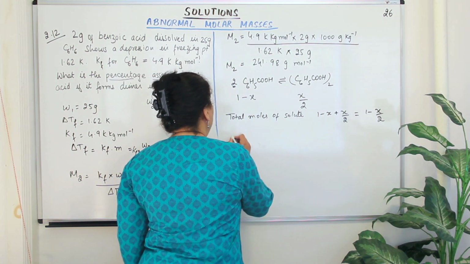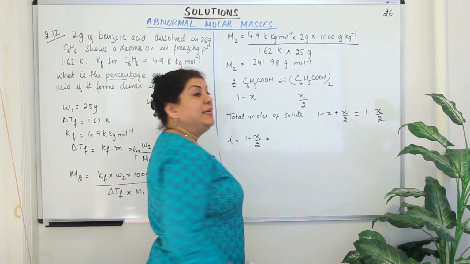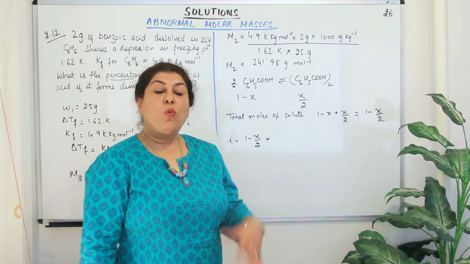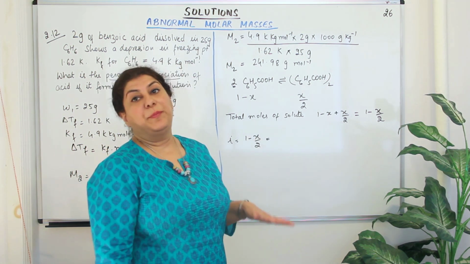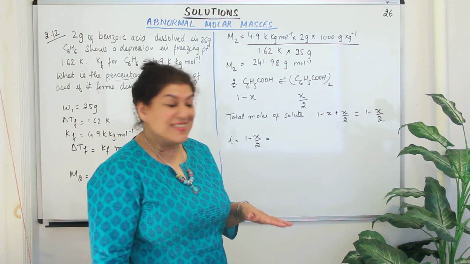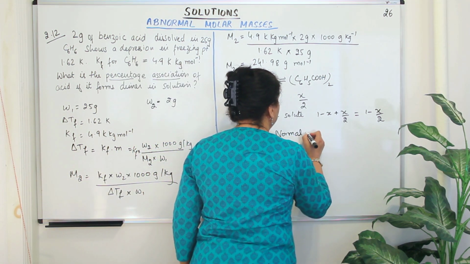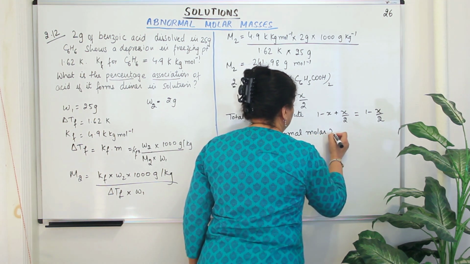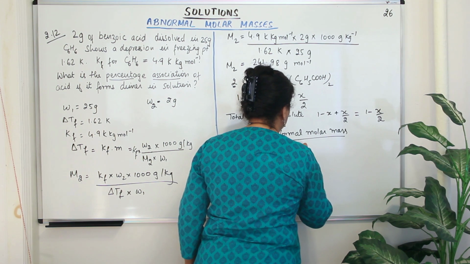So, i is equal to 1 minus X by 2. But how do we define the van't Hoff factor? The van't Hoff factor is equal to the normal molar mass upon the abnormal molar mass. Right? Van't Hoff factor is normal molar mass upon abnormal molar mass.